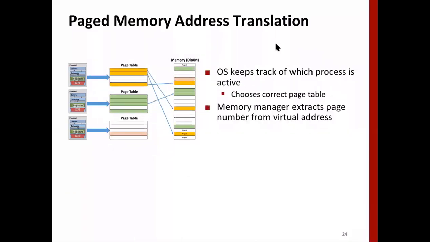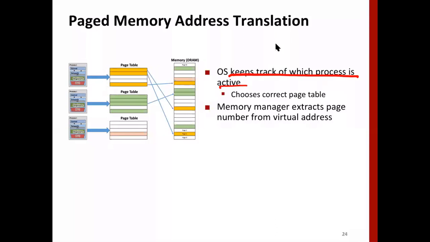Now the role of the OS is that the OS keeps track of which process is active. When a process switch happens, the process which was non-active is made active.